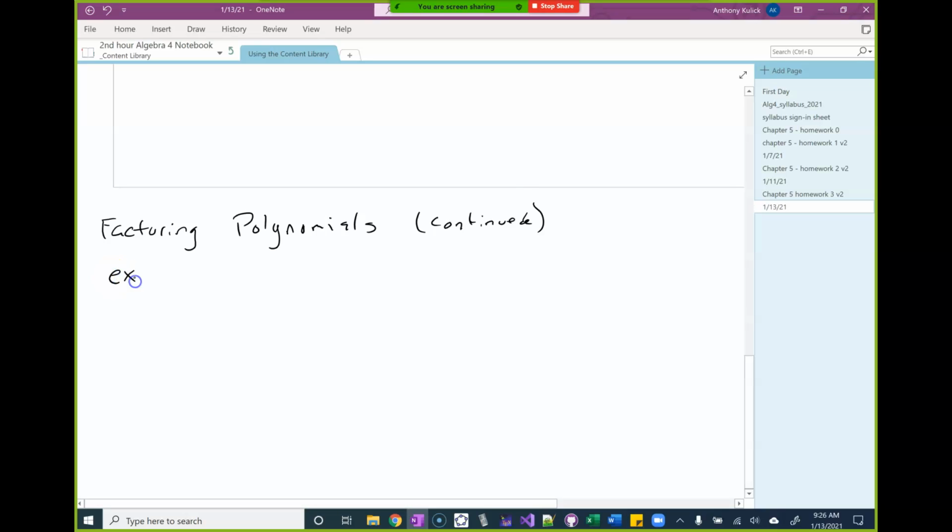So again, we're just going to do some practice problems here. So the typical instruction when we ask you to factor a polynomial is to factor completely. By that, we just mean we want to do all the factoring that's possible, right?